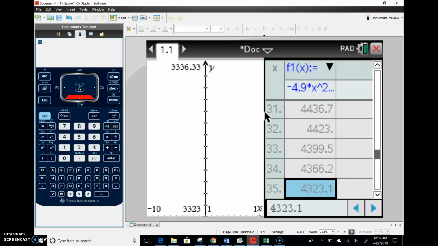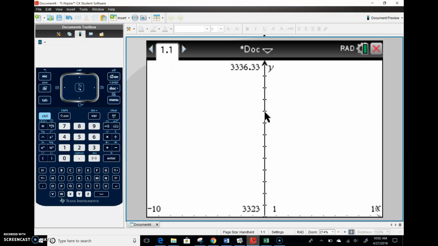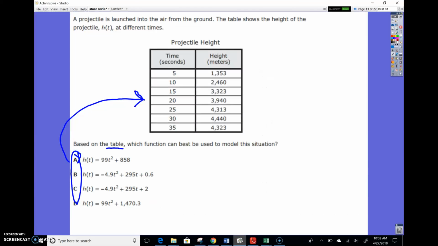And then finally 4323 looks good. So that's going to be our answer right there. Let me get out of here. Go back to this. And this is our answer.